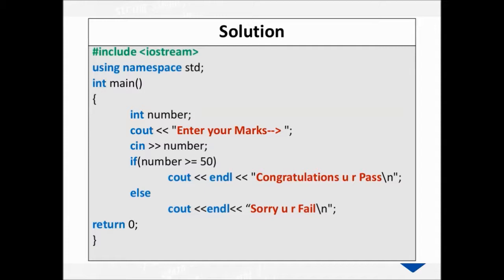After entering and storing the marks into the variable number, we set a condition: if number is greater than or equal to 50, then it prints on the screen congrats you are passed. Otherwise, if the number is less than 50, it prints on the screen sorry you are failed.